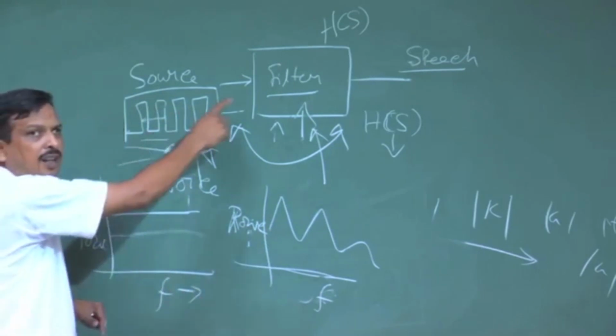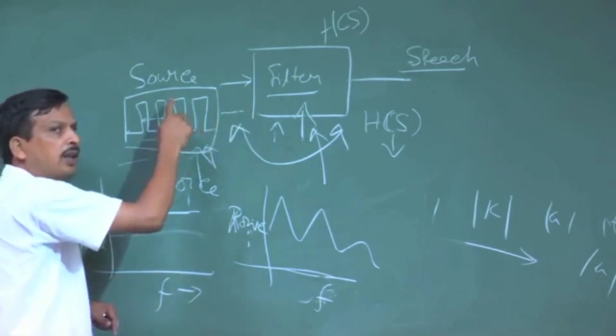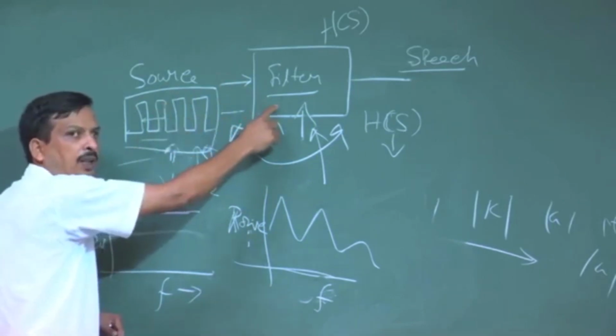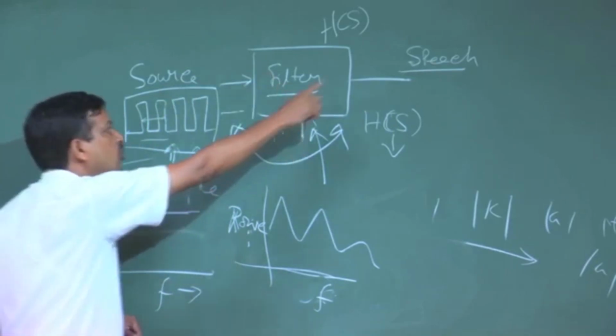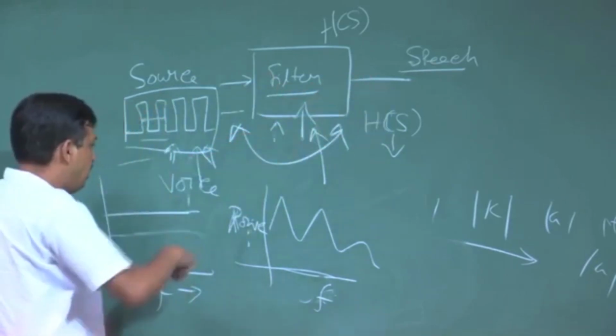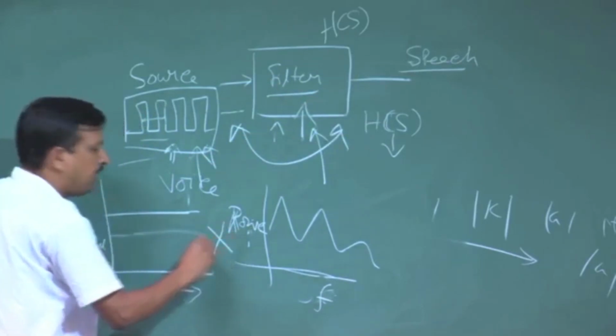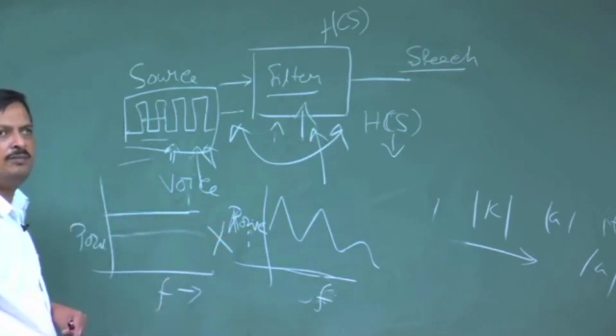As per the signal processing model, when the source passes through a filter, the source signal is convolved with the filter signal to produce the speech. In the frequency domain, convolution is nothing but multiplication.